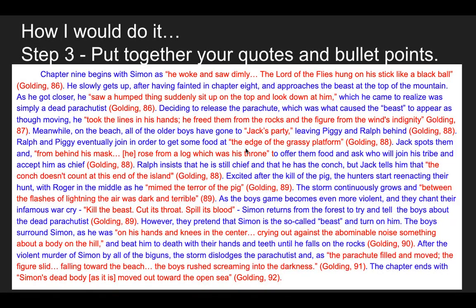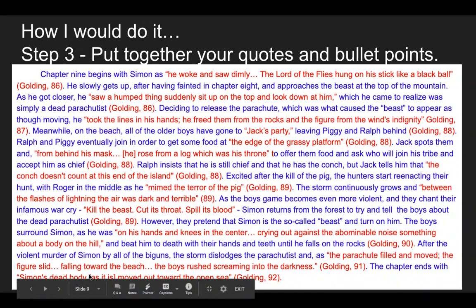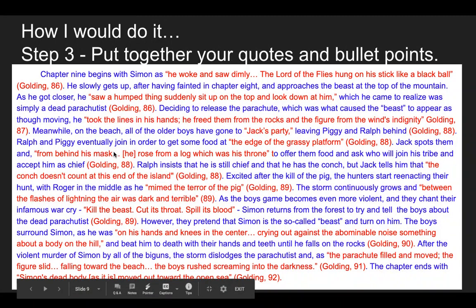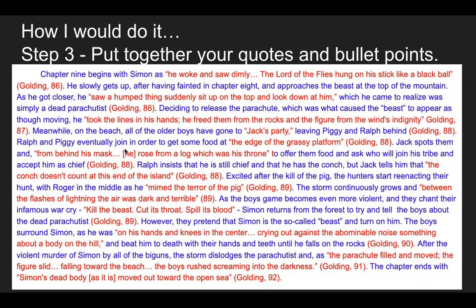Now remember, you're not allowed to change the author's words unless you can keep its meaning intact. If you can do this by changing pronouns, for instance, so I to he, "from behind his mask, he rose from a log," stuff like that, you can put the changes in the square parentheses here. Okay, I've done it here.